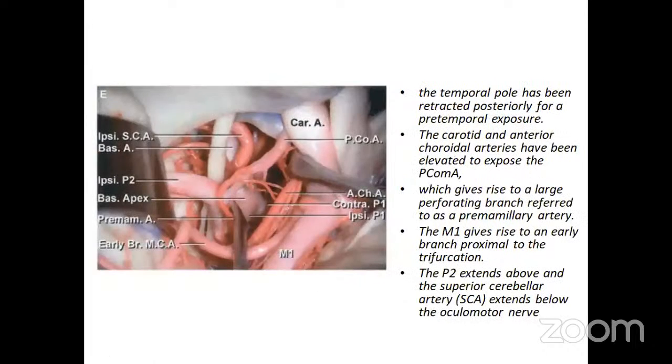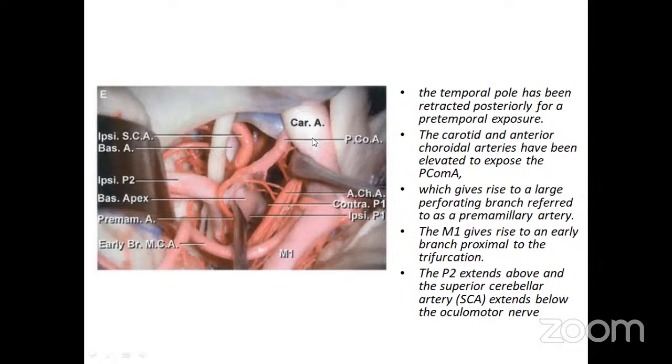In this image, the temporal pole has been retracted posteriorly, and this is a pretemporal exposure. On the left, we can see that the carotid and anterior choroidal vessels have been elevated so that we can get a clear view of the posterior communicating artery.